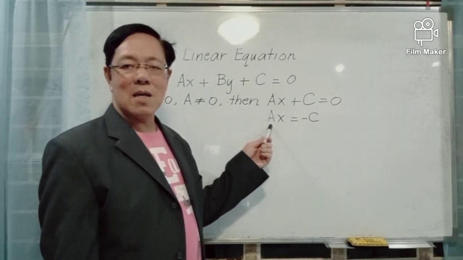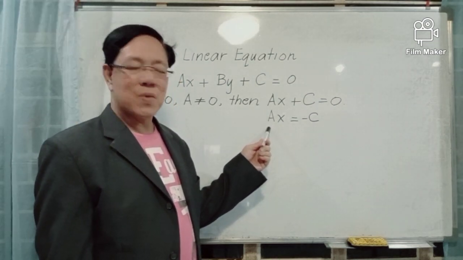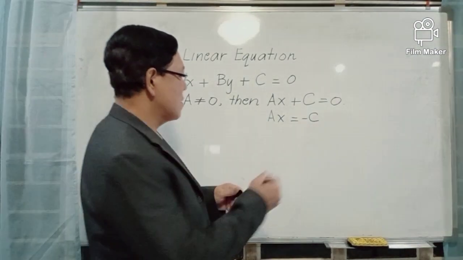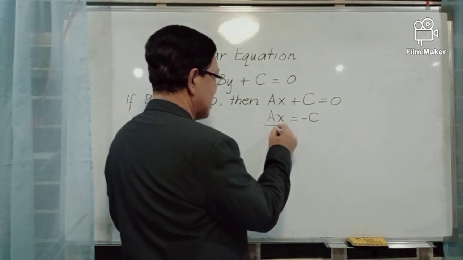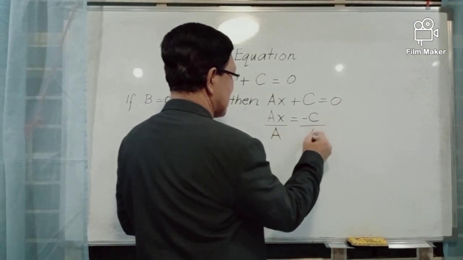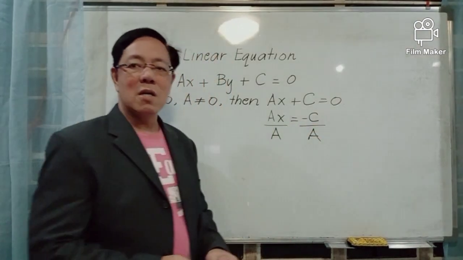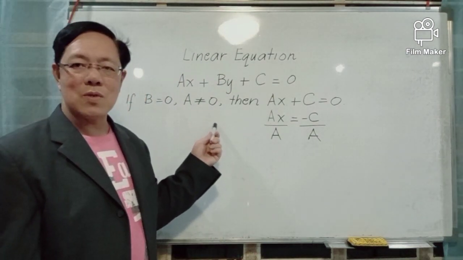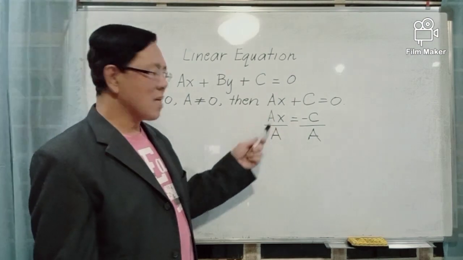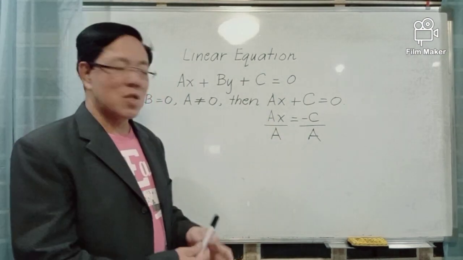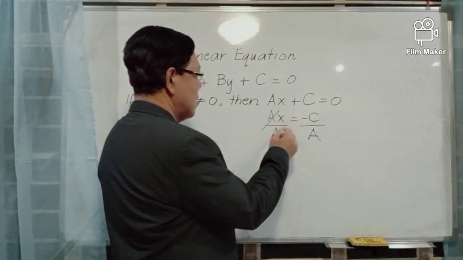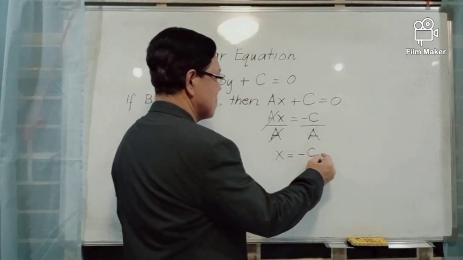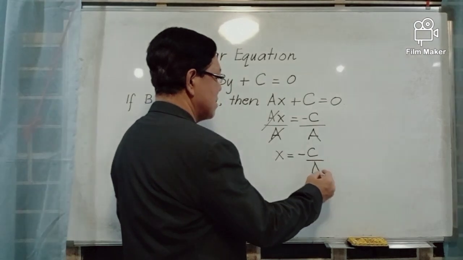But if a is not equal to 1, you have to divide both sides by a. We can divide both sides by a because we suppose that a is not equal to 0. And a will cancel out from the left side, and we get the value of x equals negative c over a.